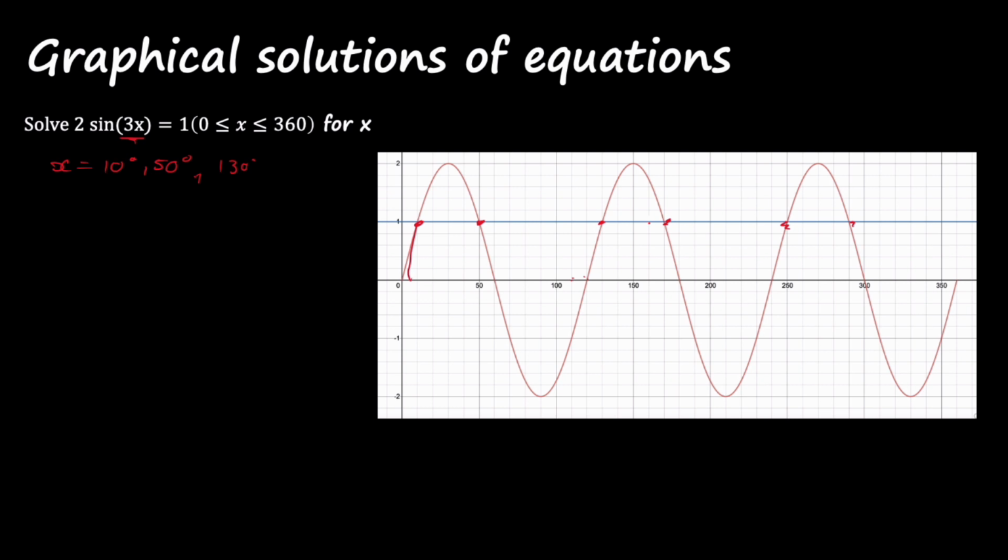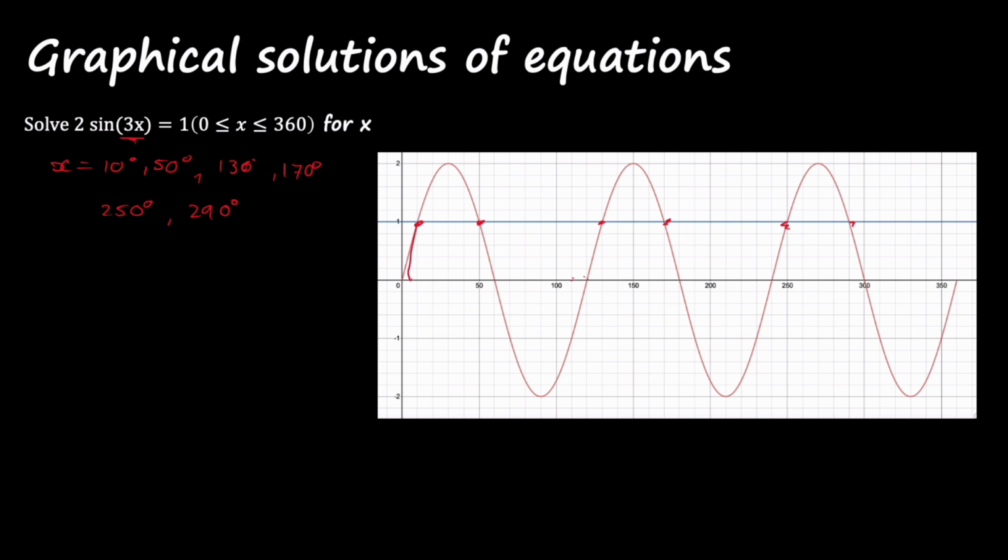Oh no, 10, 70. See, you need to be careful. 170 degrees, and then 2 more, 250 degrees, and 290 degrees. So when you've got the graph there, it's actually quite straightforward.